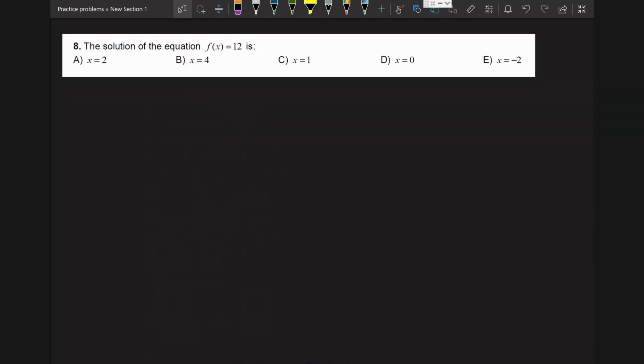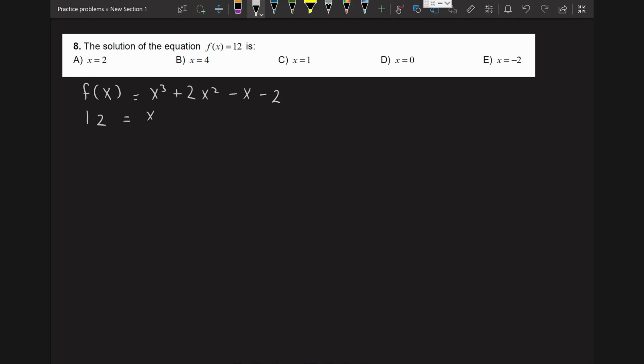Okay, so moving on with question 8. It's asking for the solution when f of x is equal to 12. The way you get a solution is you make one side equal to 0. You know that from grade 10 math. So we know f of x is x cubed plus 2x squared minus x minus 2, and we're going to put 12 here.